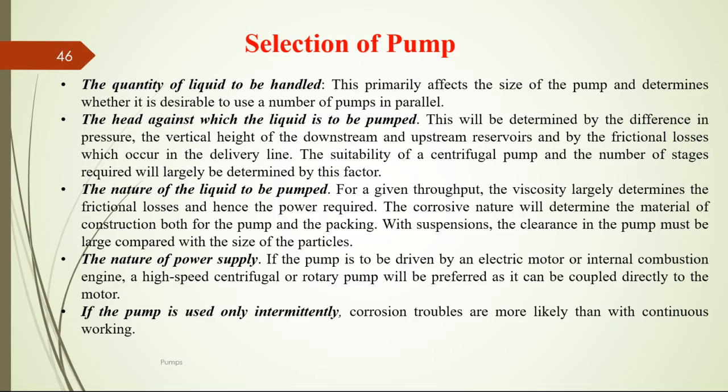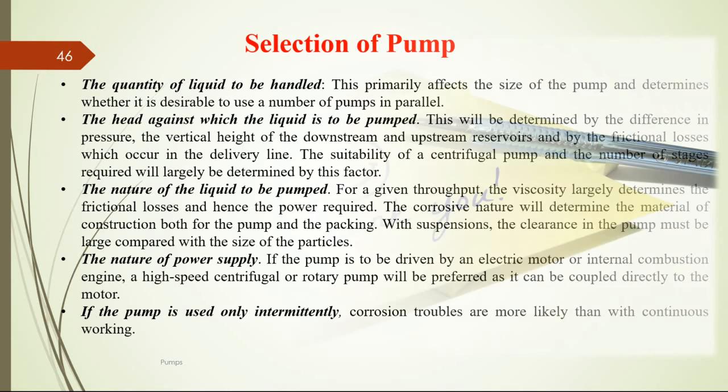The fourth factor is the nature of power supply. If the pump is to be driven by an electric motor or internal combustion engine, a high-speed centrifugal or rotary pump will be preferred as it can be coupled directly to the motor. The last one is that if the pump is used only intermittently, corrosion troubles are more likely than with continuous working.